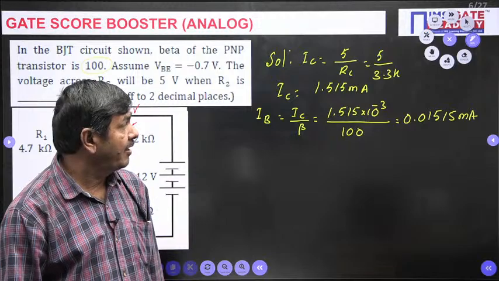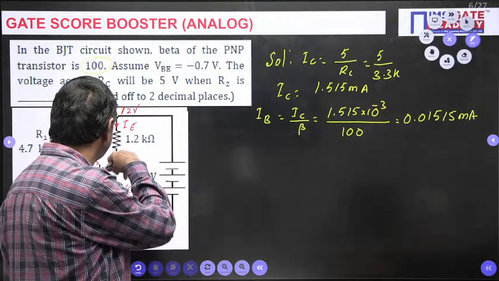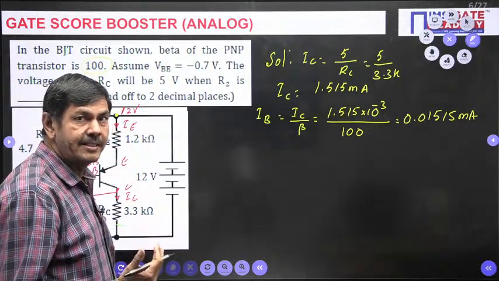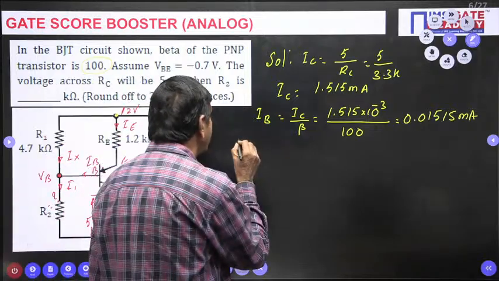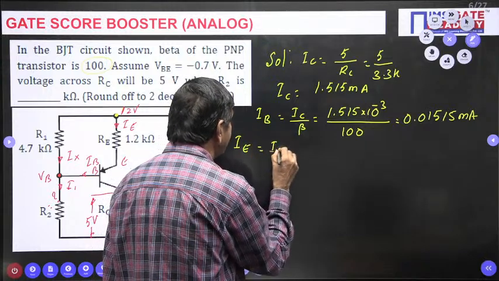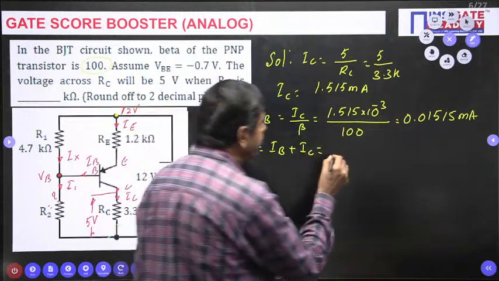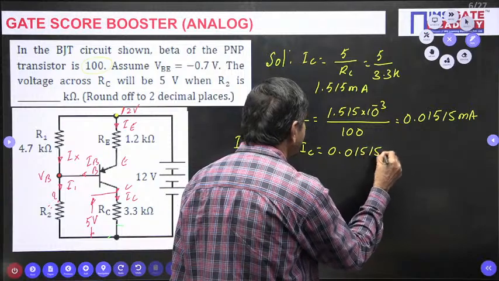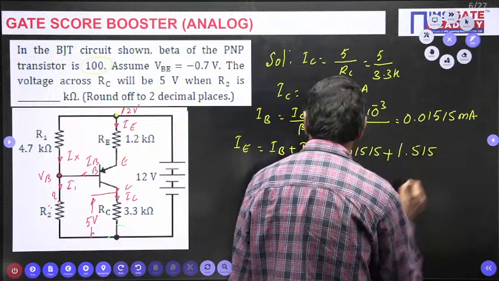Sir, why do we have to find IB? I said already, my aim is to find the IE value. Once I get the IE, you watch how I will find the VB. IE is nothing but IB plus IC, no doubt. IB is 0.01515 milli plus 1.515 milli.